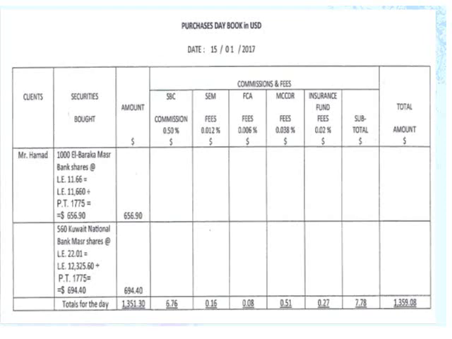Then another kind of securities bought by this client were Kuwait National Bank Masr shares. The price per share was 22.01, as given in the data at the beginning, and the total is 12,375.6 Egyptian pounds, divided by the exchange rate, which is 1775 piasters.